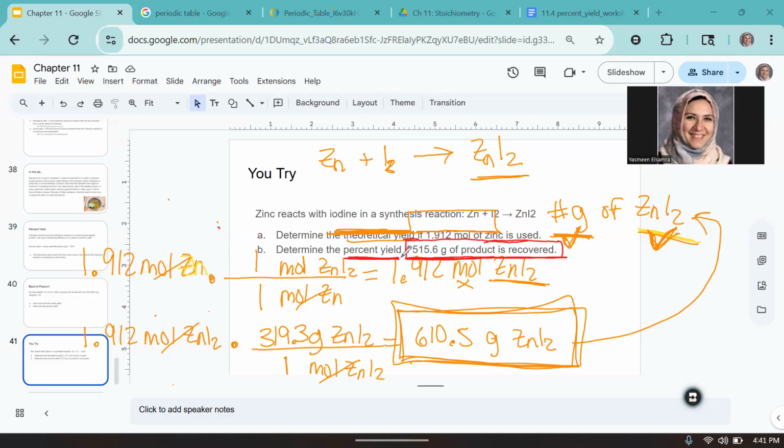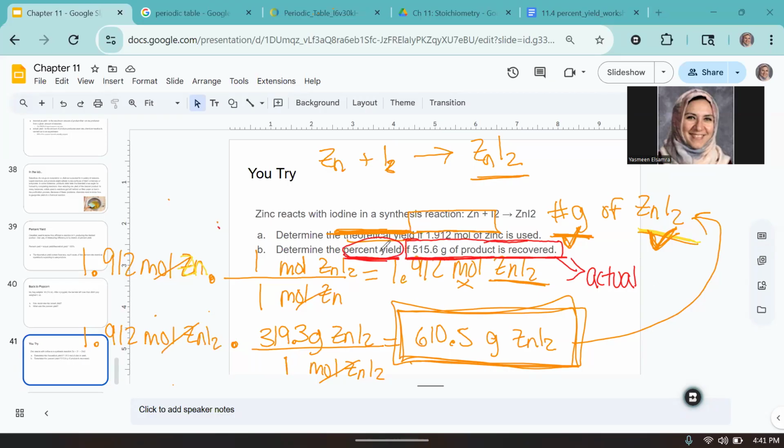I went into the lab and I said, can you give me the zinc iodide that was created? So I recovered 515.6 grams. So that is what actually happened. I actually went to the chemist and said, hey, can you give me what you made? And he gave me 515.6.